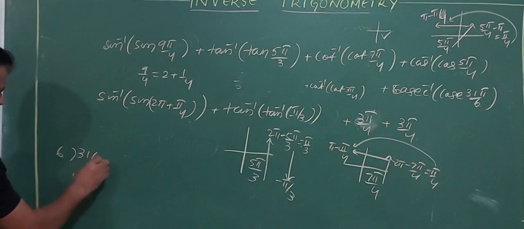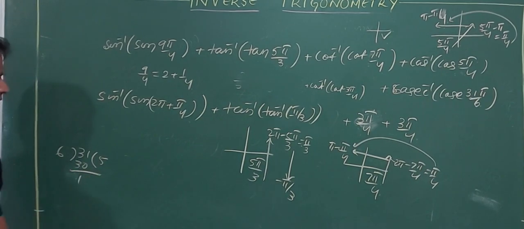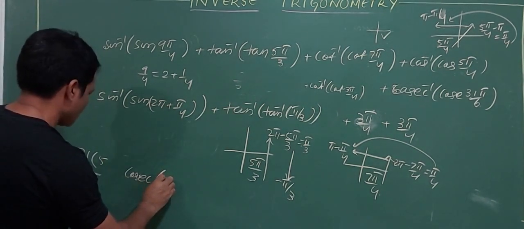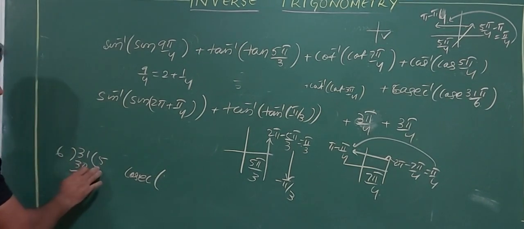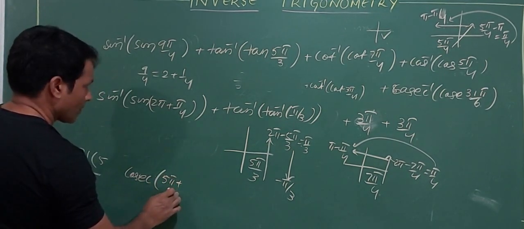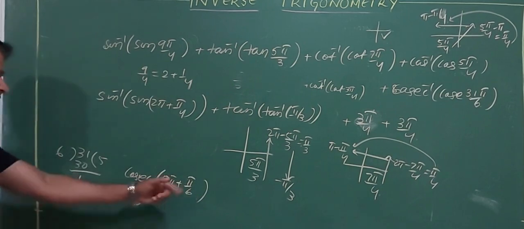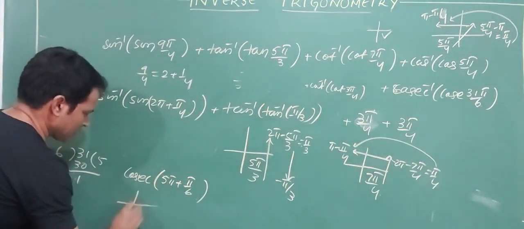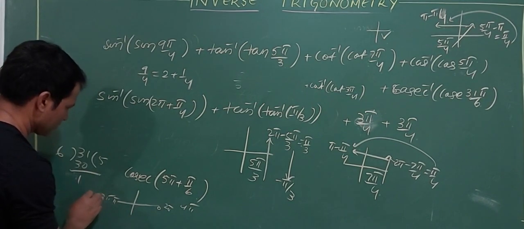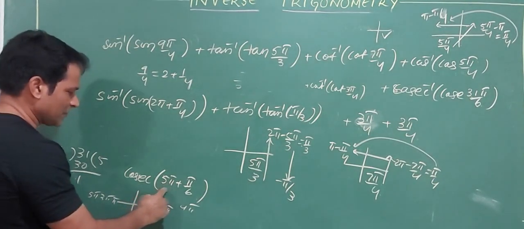Dividing 31 by 6, that gives you 5 pi plus 5 pi by 6. So cosec 31 pi by 6 is cosec of 5 pi plus 5 pi by 6. 5 pi means 0, pi, 2 pi, 3 pi, 4 pi, 5 pi here. 5 pi plus 5 pi by 6 means I am standing in this quadrant, so remove 5 pi from here.